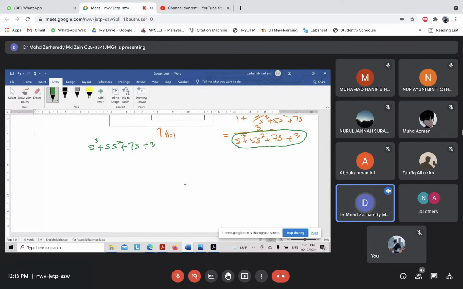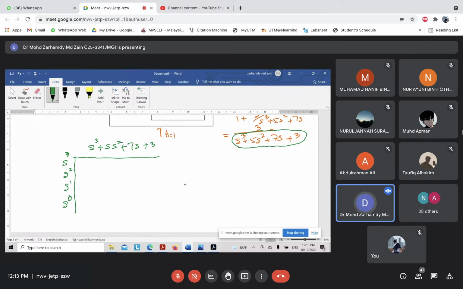What we have to do is come up with the Routh-Hurwitz table. Let's do it like this. The rows are S to the power of 3, S squared, S1, S0.